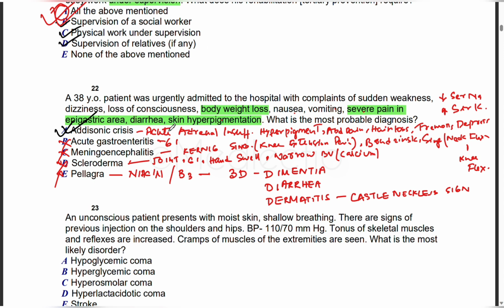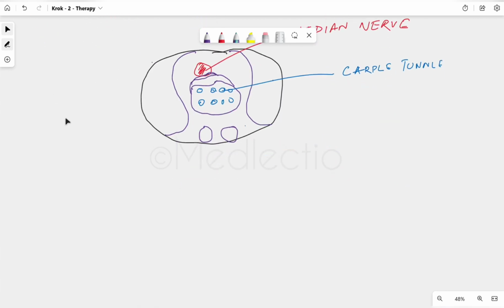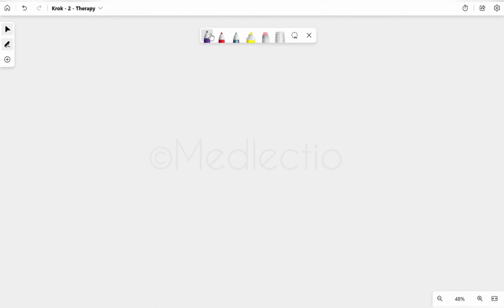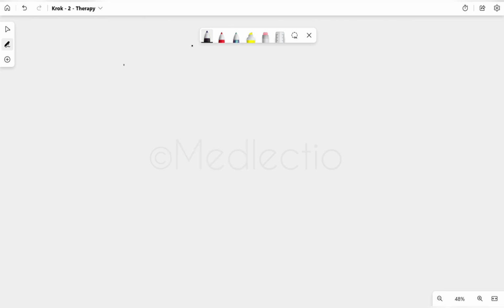Also, if you want to know what adrenal insufficiency is, we need to know the pathway first. So how does the adrenal gland work? The first regulator is, as we know, the hypothalamus.